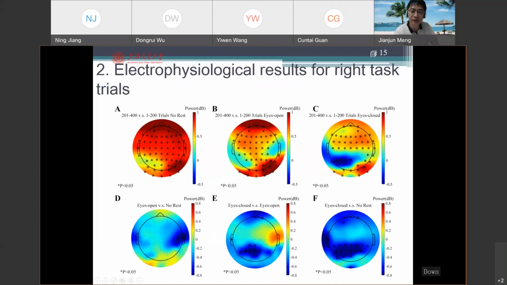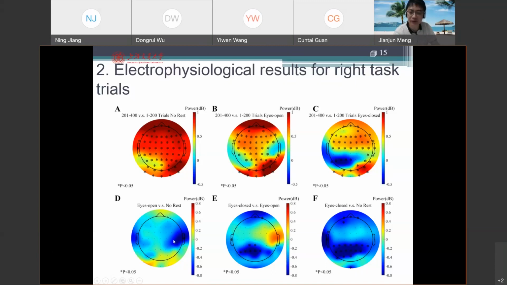And we also analyzed the alpha band power variation for each session: the no rest, eyes open, and eyes closed sessions. The first row shows the alpha power of most channels increased in all sessions, regardless of the rest type. The second row of the topography shows the difference of the variation between two different sessions. So we contrast, for example, the eyes open to the no rest session.